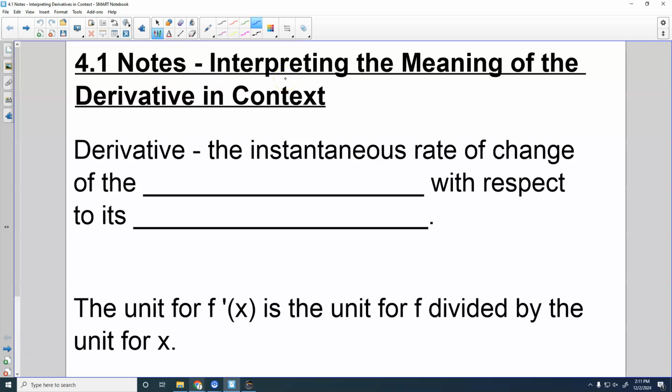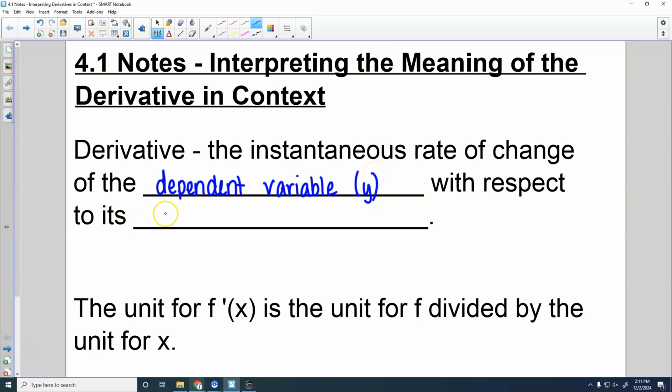Whenever we're talking about the derivative of a function, we're talking about the instantaneous rate of change of the dependent variable, which is typically y, but does not have to be. They can use different letters for that.